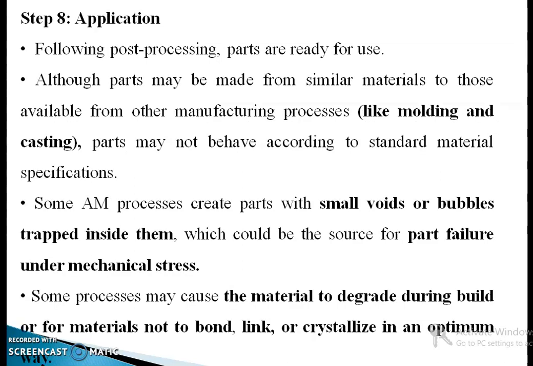Eighth step, which is known as application. Following post processing, parts are ready for use. Although the parts may be made from similar material to those available from other manufacturing processes like molding and casting, means the material used in molding and casting is similar to your AM process, the parts may not behave according to the standard material specification.